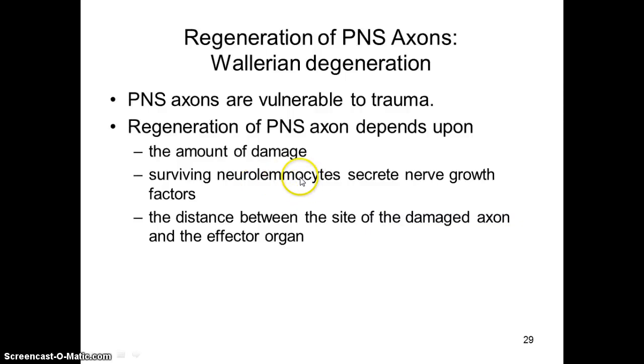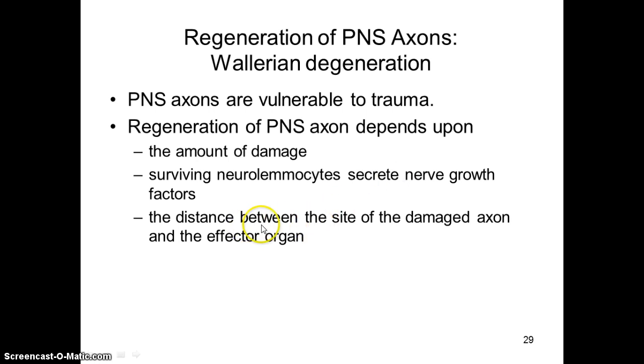So first of all, regeneration of an axon in the peripheral nervous system depends on the amount of damage, how much of the axon is actually damaged. It also depends, as we'll see, on whether or not some of the neurolemmacytes of this myelinated axon survive, because they secrete nerve growth factor, which is going to be helpful for guiding the new growth of the axon.